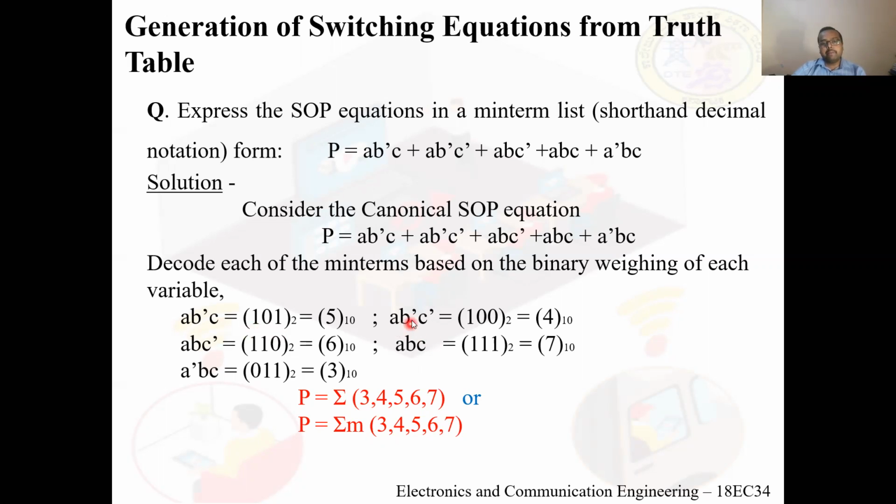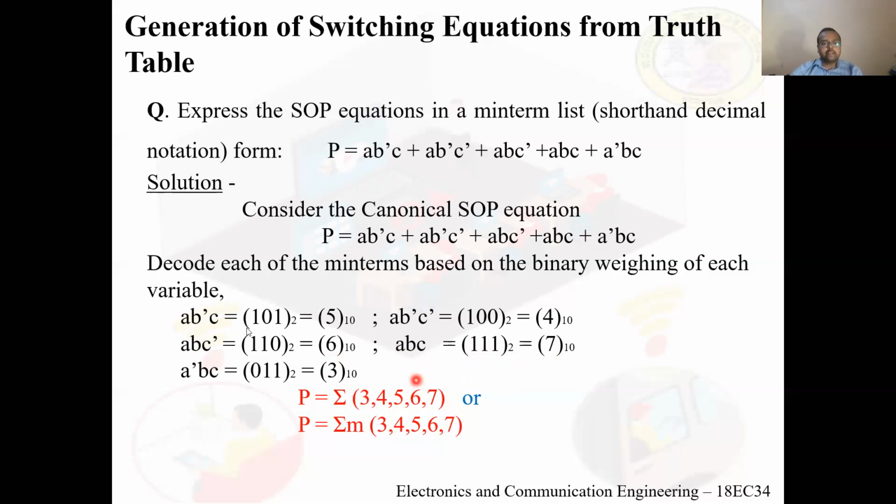For this one, A, B bar, C bar. Since it is A, you write it as 1. Since B bar and C bar is there, you write it as 0, 0. In decimal, it is 4. Similarly, for this one, A, B, C bar. How do you write it? 1, 1, 0. In decimal, it represents 6. A, B, C, right? There is no bar, so you write it as 111. 111 in decimal is 7.